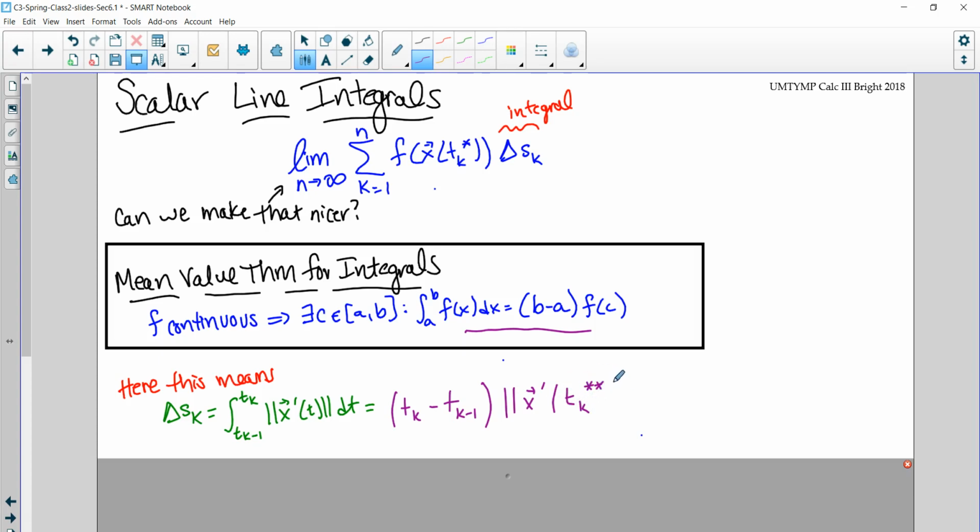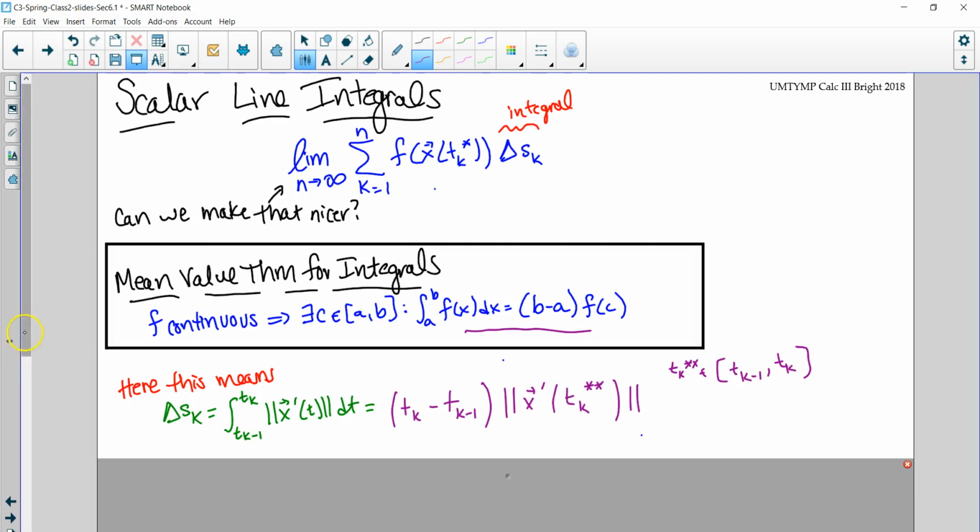Now you're wondering, what is tk star star? That's just that value c. So tk star star is just within our interval. It doesn't necessarily need to be the same as tk star. It could be something different.